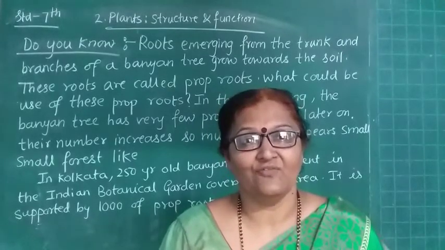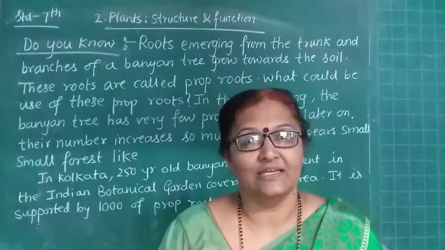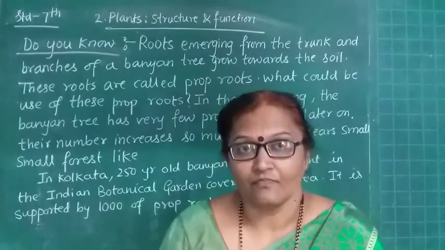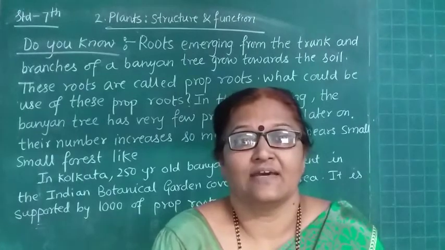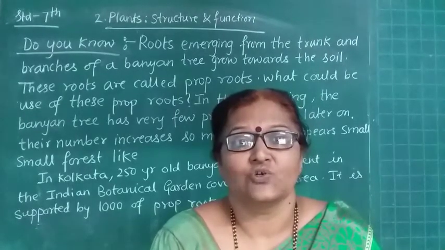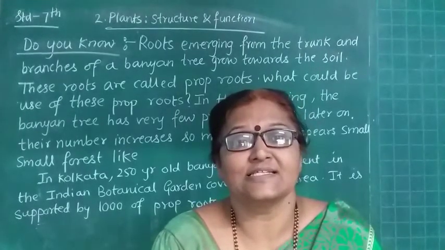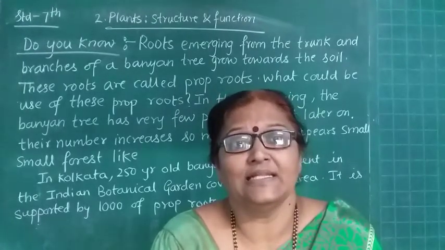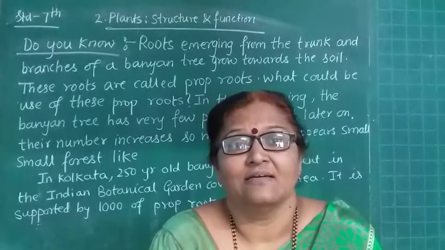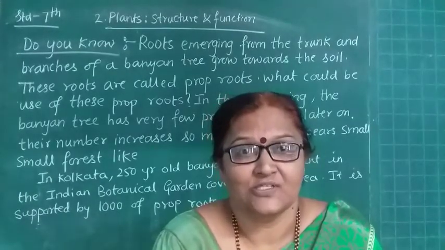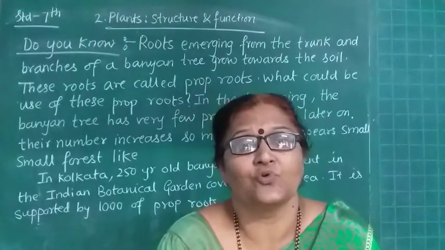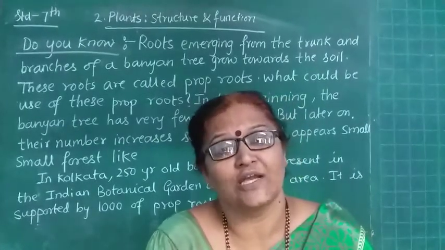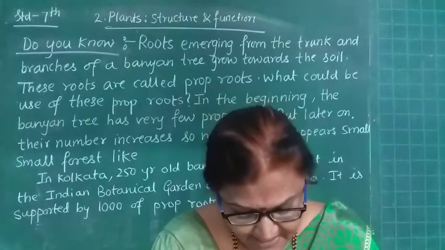Therefore, if they have only a fibrous root, it is not enough for these plants. So they need some roots which are supporting them, or giving them support. Those are nothing but the prop roots. So the fibrous roots alone are not enough in this case.